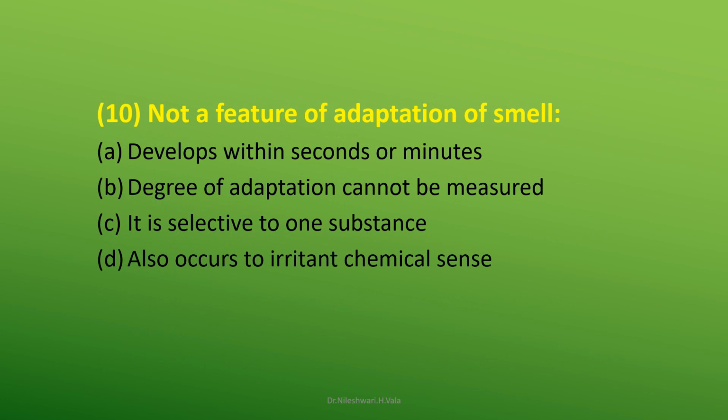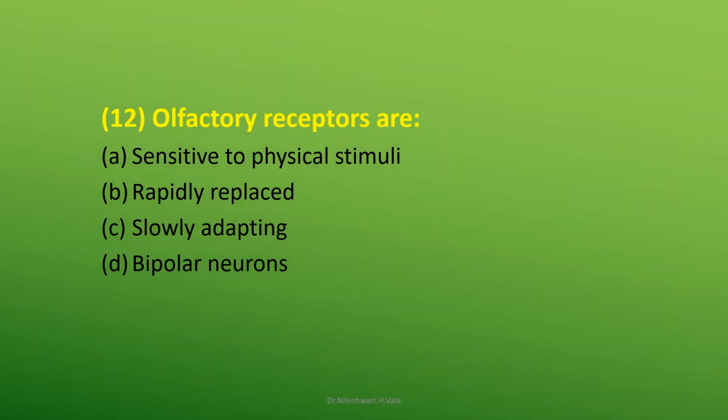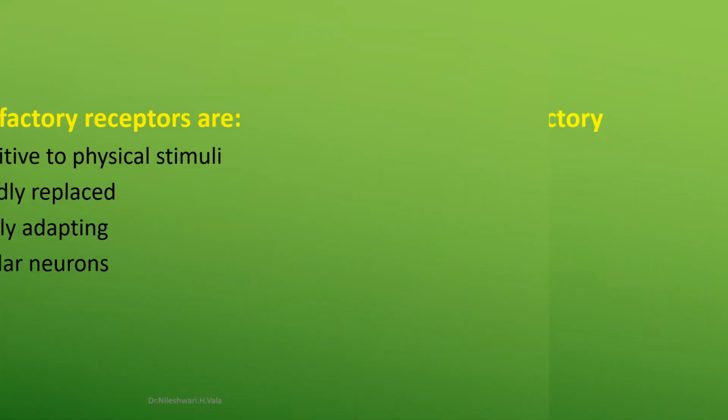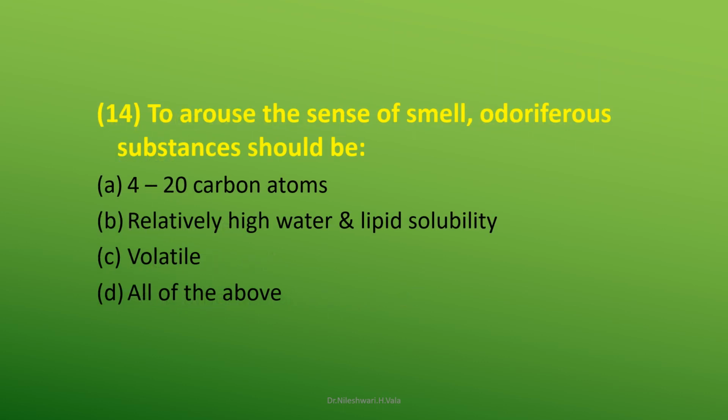Then 10th question, not a feature of adaptation of smell. 11th question, smell receptors are located in. 12th question, olfactory receptors are. 13th, type of cells not present in the olfactory bulb. 14th question, to arouse the sense of smell, an odoriferous substance should be.